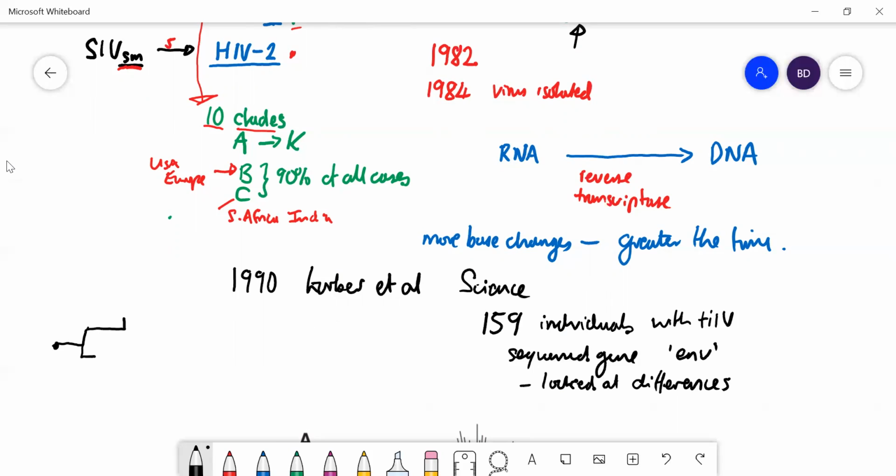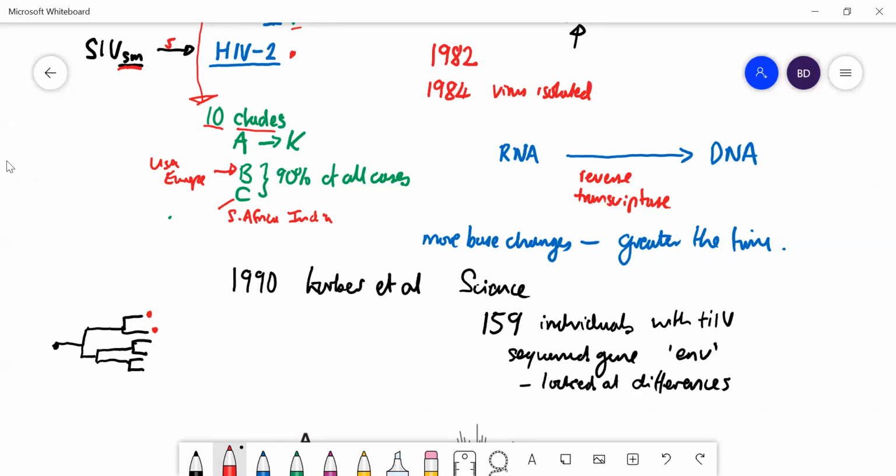So like this, saying, for example, that one and that one, reasonably similar base sequence, and they only diverged quite recently. The length of the line here is supposed to be proportional to the number of base changes that have occurred.